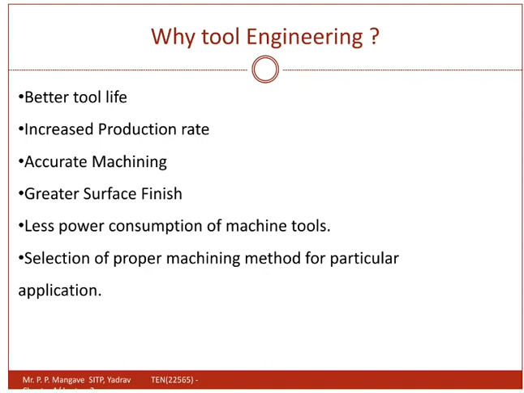That will definitely hamper the tool life and the life of the component. So the proper machining method, that may be grinding, simple turning, drilling, or milling, must be selected to generate the proper dimensions of any component. So these are the different factors that you have to study for tool engineering.